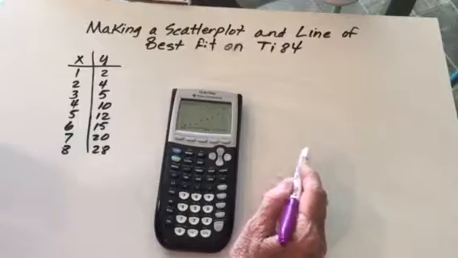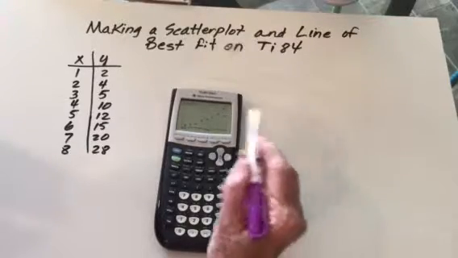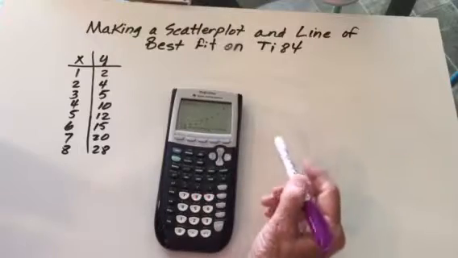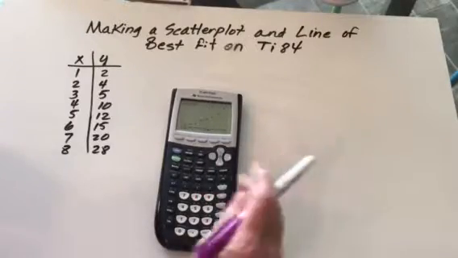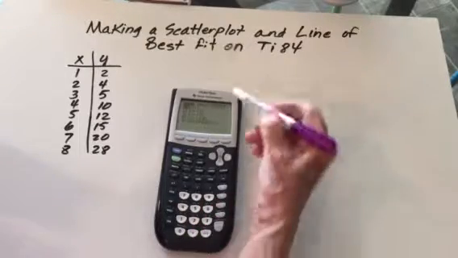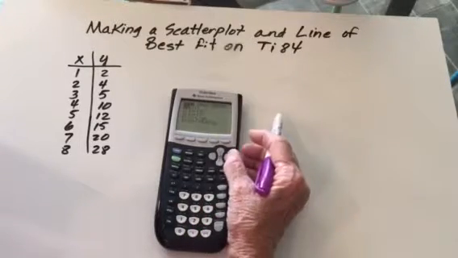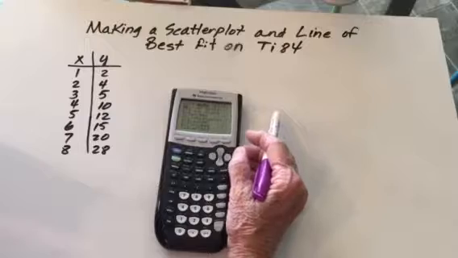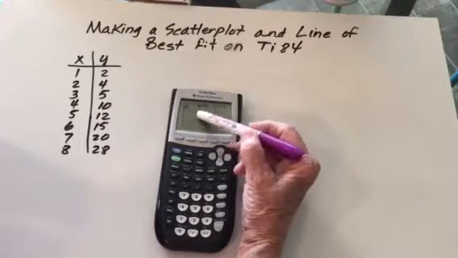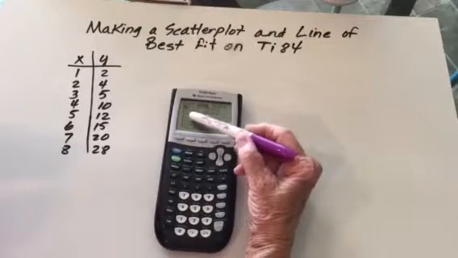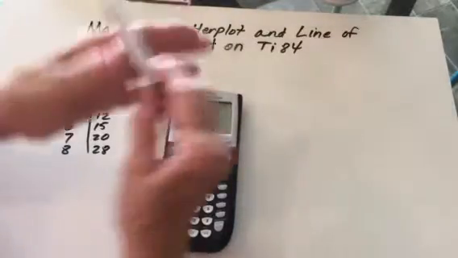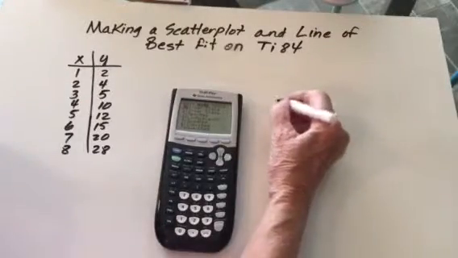All right, the next thing we want to do is find where the line of best fit goes. So you're going to push stat again. Now you're going to go over here to calculate. So take your arrow over to calculate, and you want to go down to number 4, where it's a linear regression. It says AX plus B. Now I'm going to write this down.